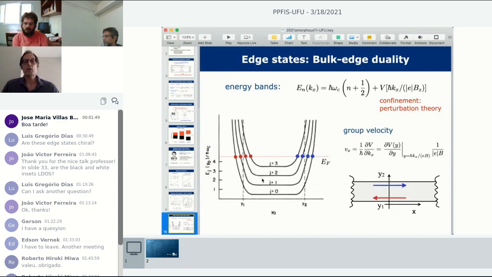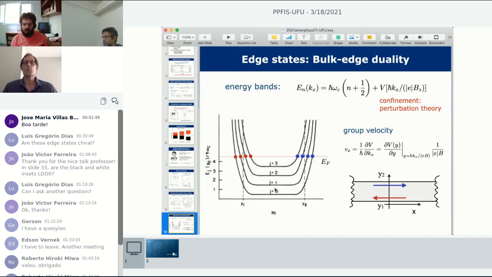But actually, he understood that these levels don't disappear, and once you approach the edges of the sample, you have these curves, and basically the levels curve, due to confinement. Then you repeat this very same picture I described before for the narrow channels when you consider nanostructures.